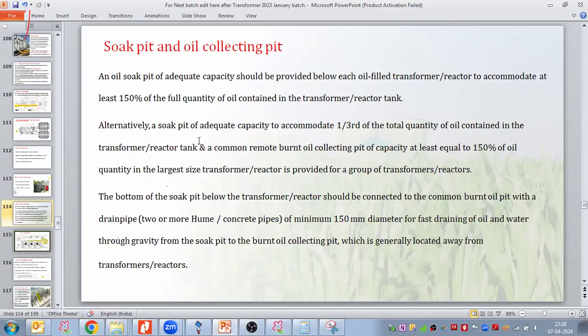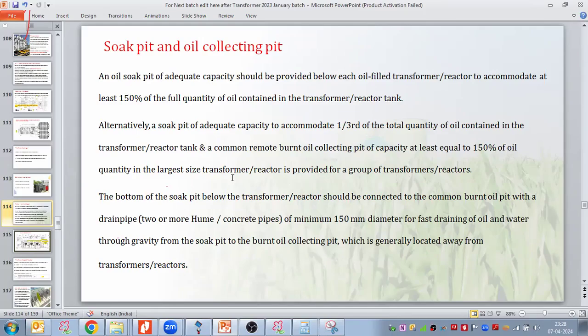Second, alternatively, a soak pit of adequate capacity to accommodate 1/3 of the total quantity of oil contained in the transformer or reactor tank, and a common remote burn oil collecting pit having capacity at least equal to 150% of the oil quantity in the largest size transformer.